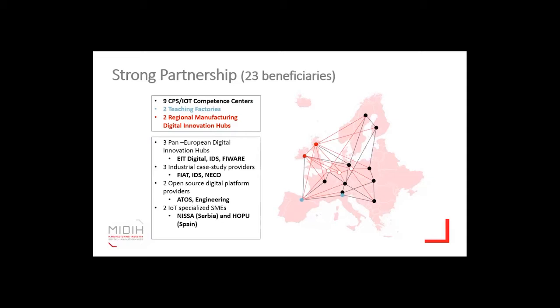FIWARE is different things, but one aspect of FIWARE is the FIWARE iHubs, which is really a network of hubs. There are more or less 20 in Europe and outside Europe, which are promoting the use and the adoption of FIWARE technologies around the world.